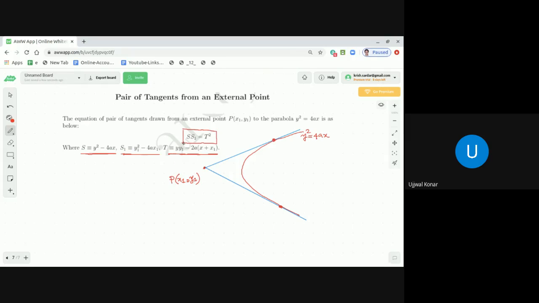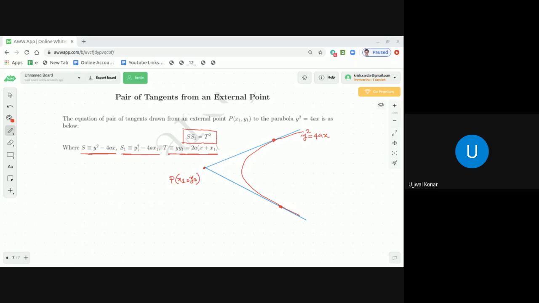To remember it easily, we write it as S1 is equal to T square. So S is y square minus 4ax, S1 is y1 square minus 4ax1, and T is y y1 minus 2a into x plus x1. So then these are the two tangents. This is the general equation in second degree in x and y, and this pair of tangents is actually also a pair of straight lines, you can say.